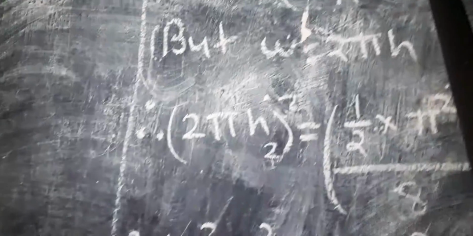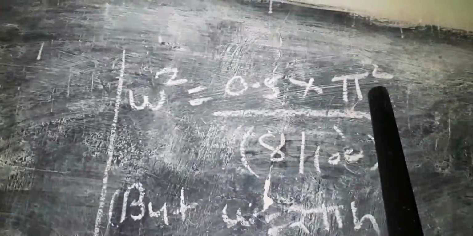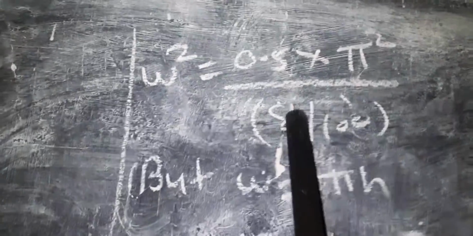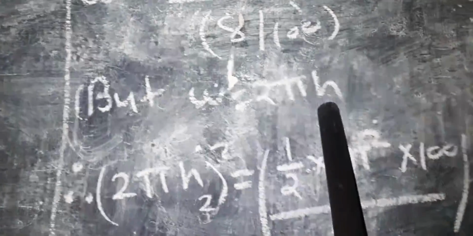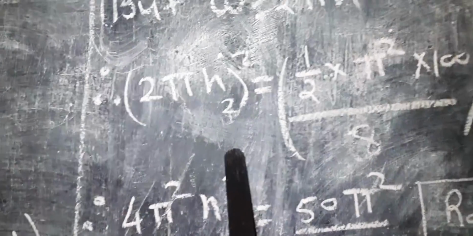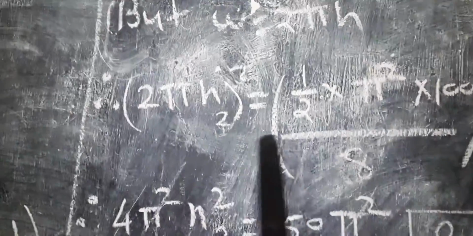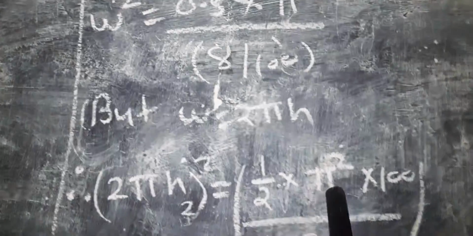In place of g we write the value of g, that means pi square, it is given to us, and in place of the denominator, that means r, we have the value 8 upon 100. But omega is twice pi, so in place of this we write twice pi n2. In the second case, we call this n2, equal to 1 upon 2 into pi square into 100 divided by 8.